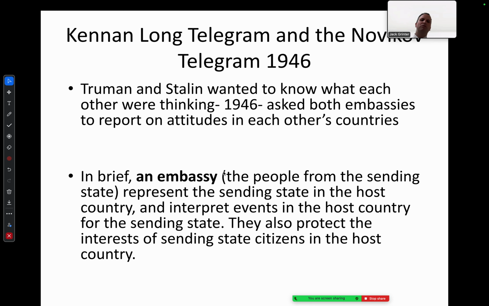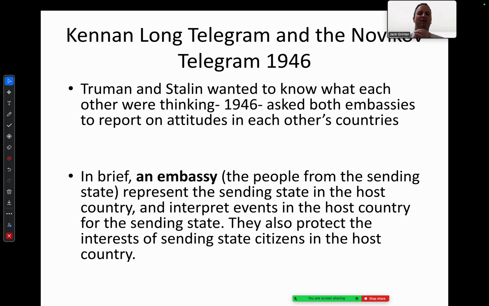Okay, right, we're moving on to the next part of the Cold War. Remember, as we go through, keep adding the key things on your timeline. What we now have is the first policy that is quite negative towards the other superpower. So we have the Kennan long telegram and the Novikov telegram. Both Truman, the US leader, and Stalin, the Soviet Union leader, wanted to know what the other country was thinking.